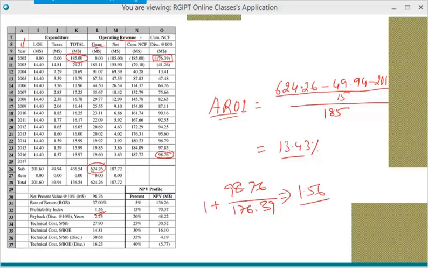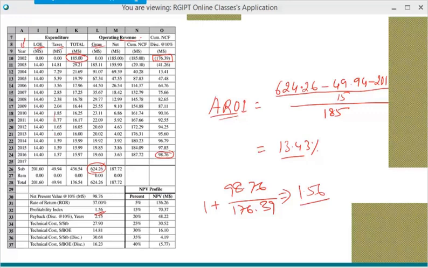Here you have expenditure and taxes, computed for every year.